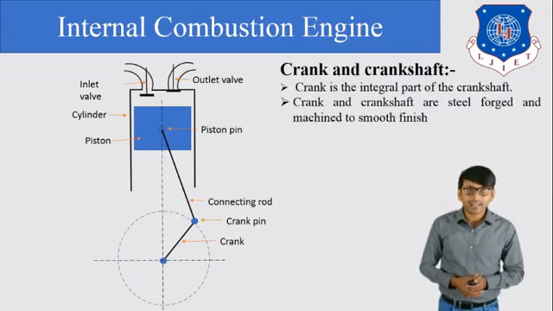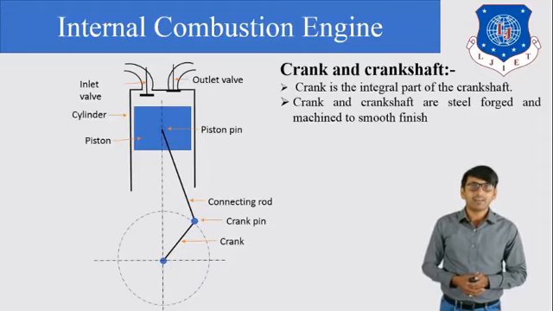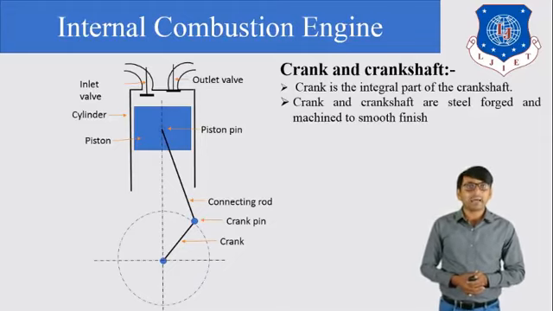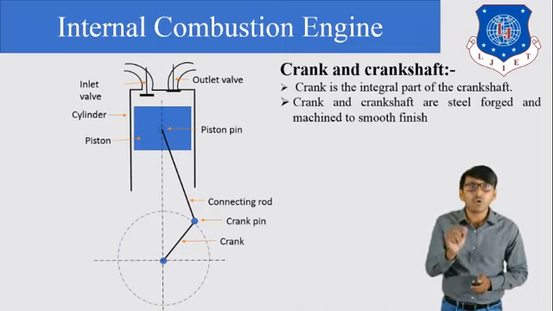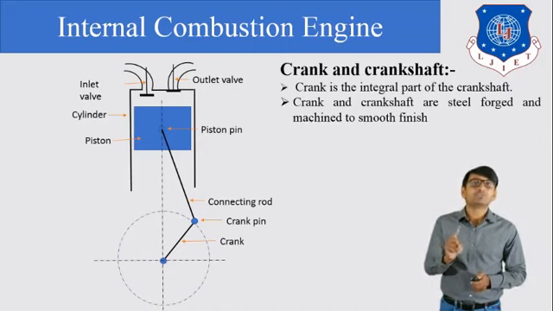Then crank and crankshaft. The crank is an integral part of the crankshaft, and crank and crankshaft are steel forged. It means they are made from steel by the process of forging and machined to a smooth finish.